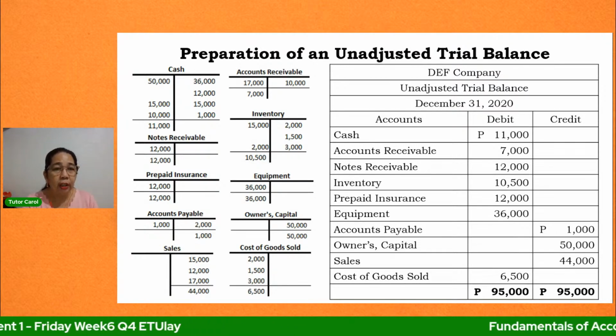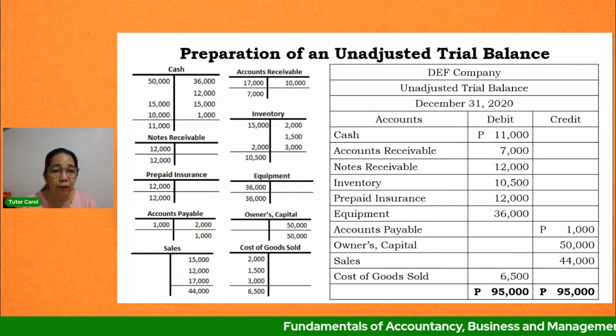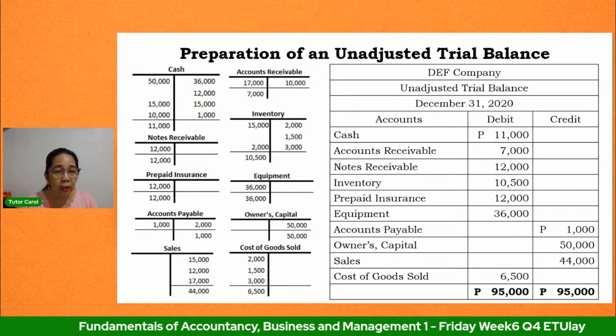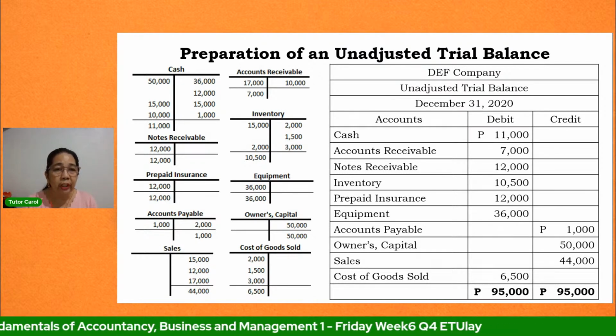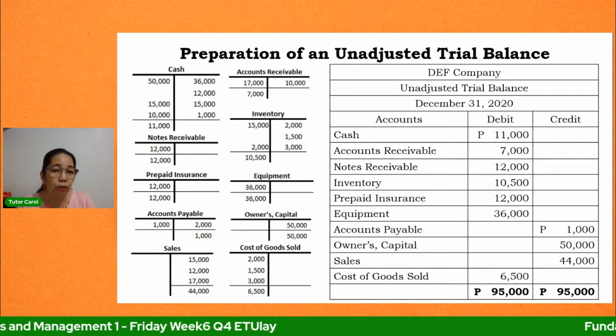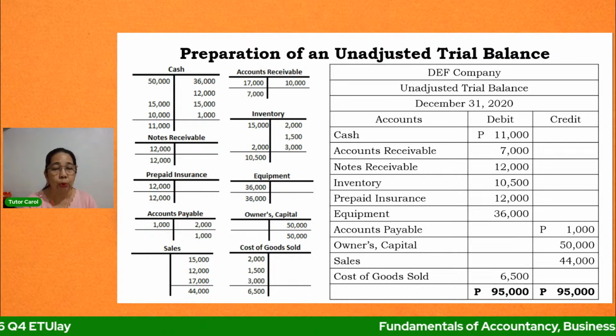Sa cash, reflected ang in and out ng pera, and then I have the ending balance. Same with accounts receivable, inventory, notes receivable, prepaid insurance, equipment, accounts payable, owner's capital, sales and cost of goods sold. Lahat yan may ending balance.